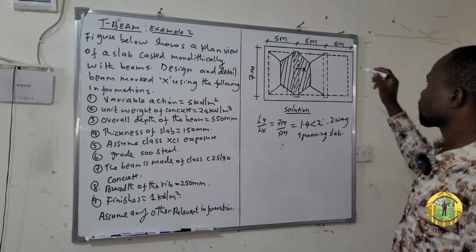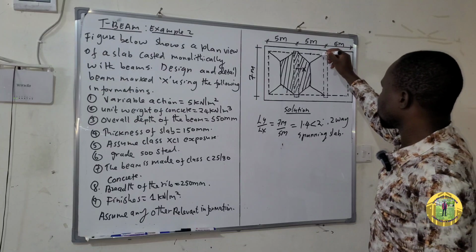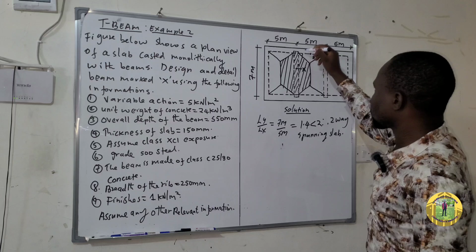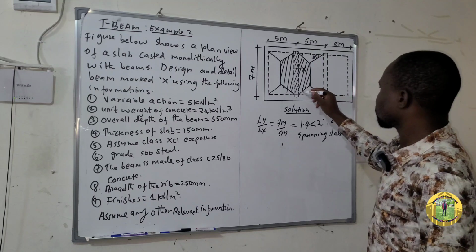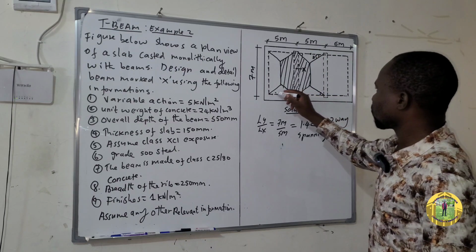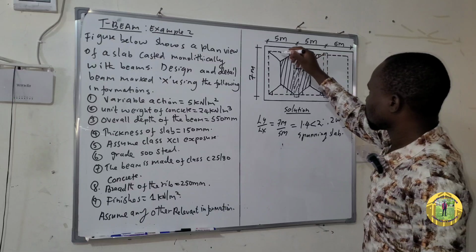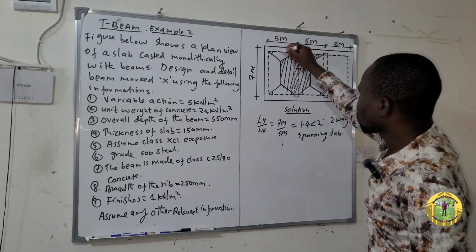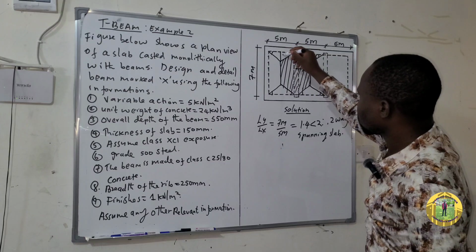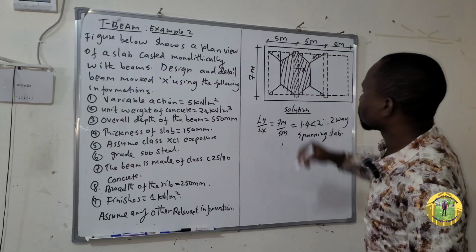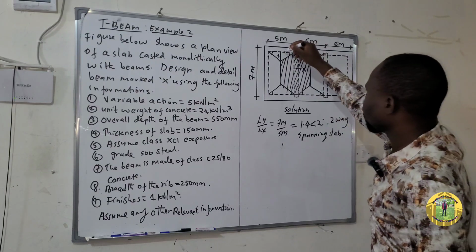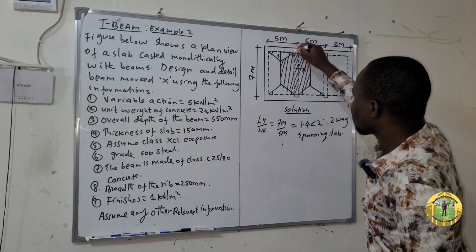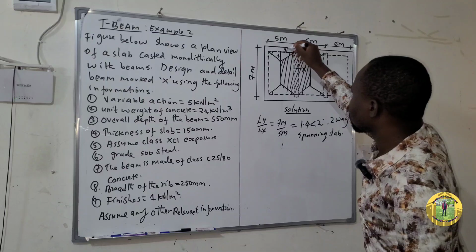As you can see, this is 45 degree, as well as this. Also this one, 45. So let's calculate this distance x. We know that from here, this is the center of this side. So from here up to here is 2.5.